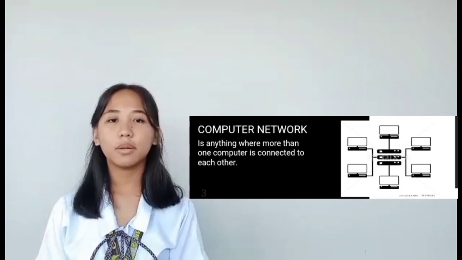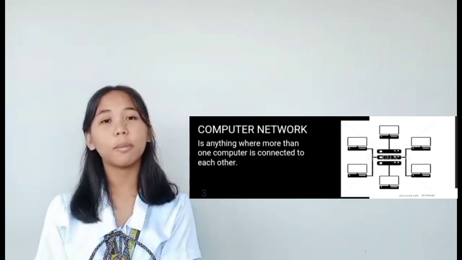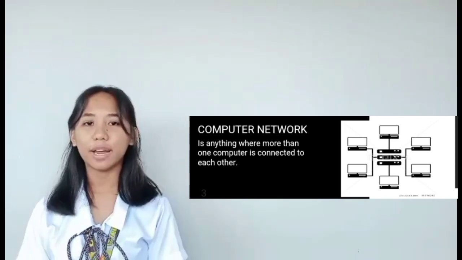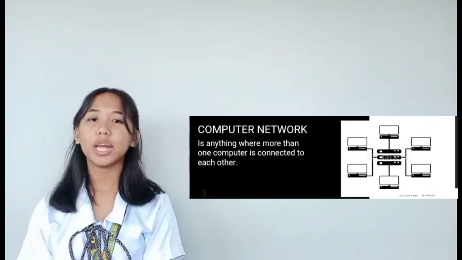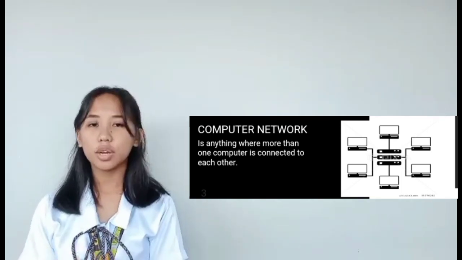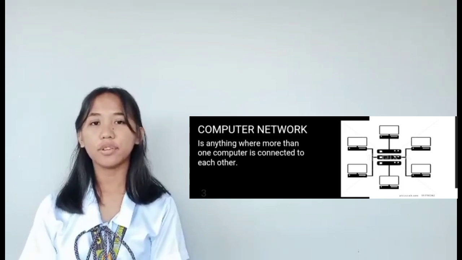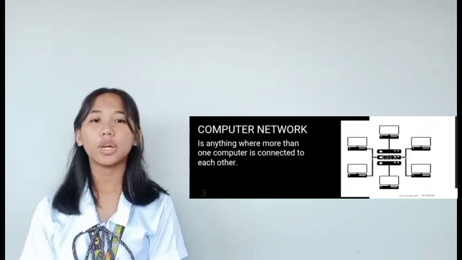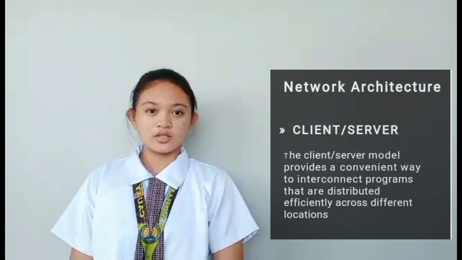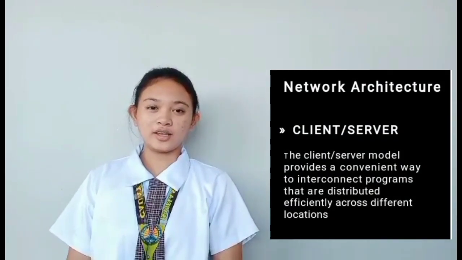The difference of these two is that network is the process of transporting data or information from one device to another, while computer network is the interconnection of various computers to share software, hardware, resources, and data through a communication medium between them.